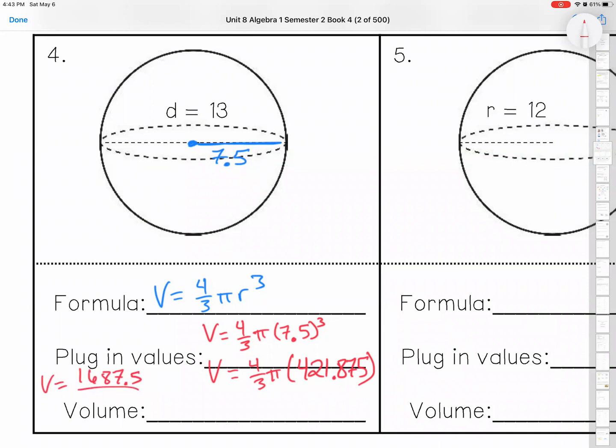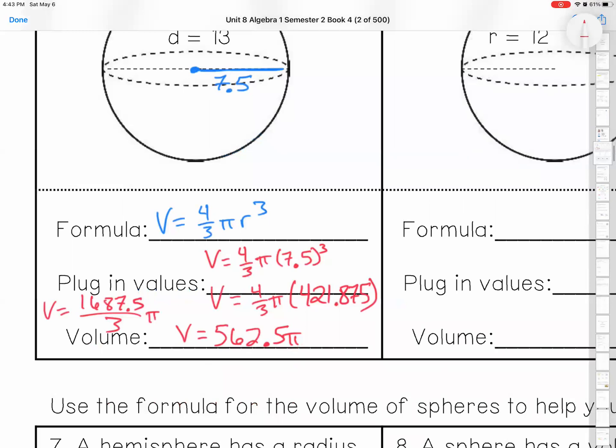Now this is still divided by 3 pi. And so in the end, it will come out to be V equals 562.5 pi. Now again, that's our exact value. And so we're just going to multiply that by our pi to then get 1,767.1.